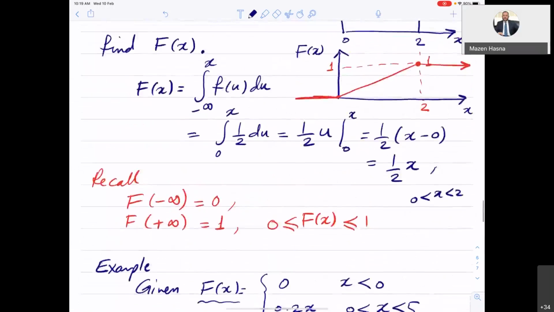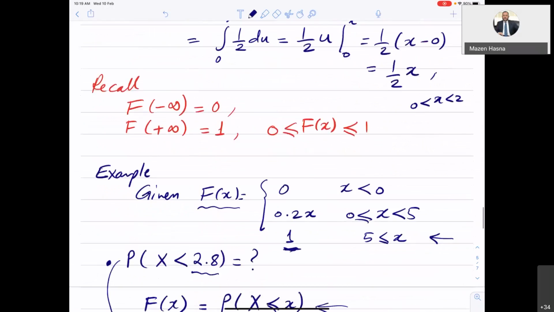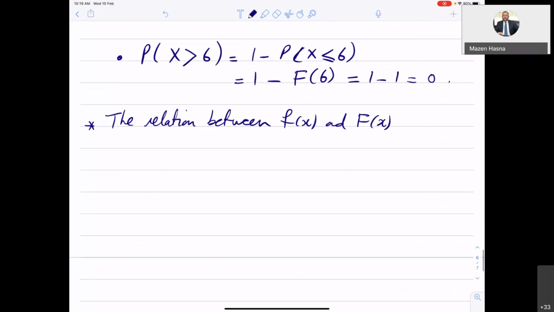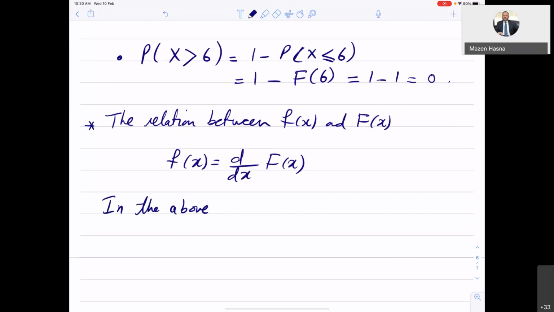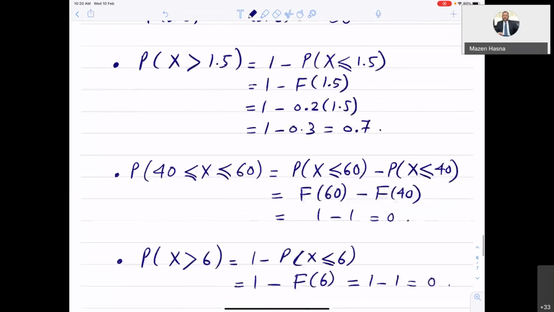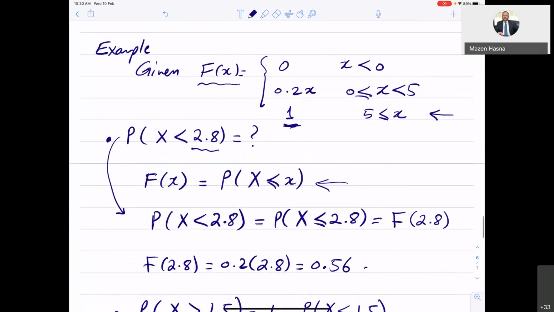We defined capital F of x as the integration, which means that I can get small f of x just by taking the derivative of capital F of x. If capital F of x is the integration of small f of x, then small f of x is just the derivative of capital F of x. So in the above example, what was F of x? It was 0.2x between 0 and 5.